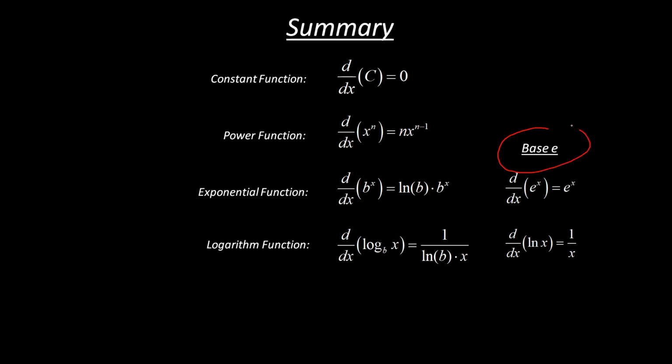When you have base e, the derivative of e to the x is itself, and the derivative of natural log is 1 over x. So in general, there's 4 derivative patterns here. These are just special cases. However, you might want to say altogether there's 6, however you want to think about it.